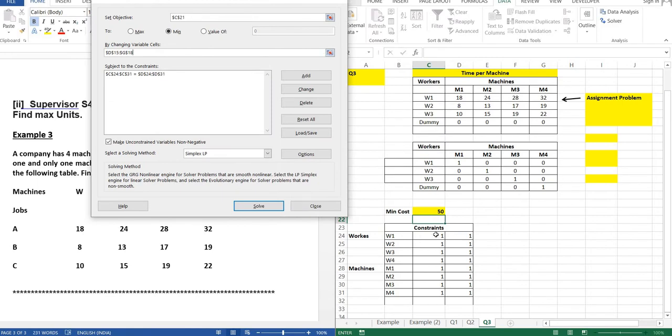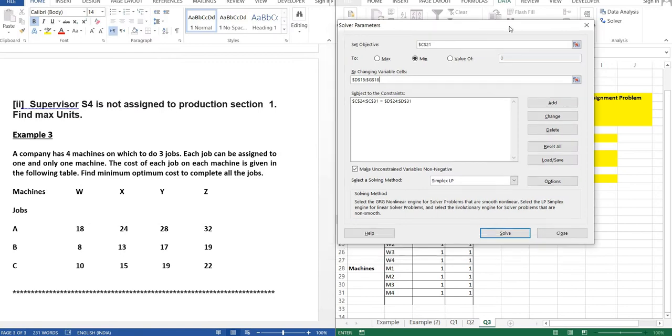S2 is not assigned to 3. S2 is not assigned to section 3. So what is to be done? Okay, solve it.